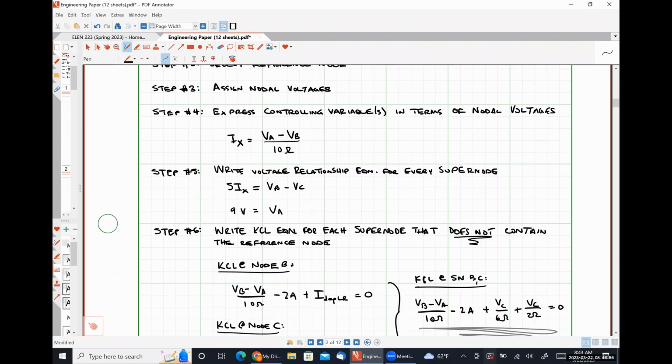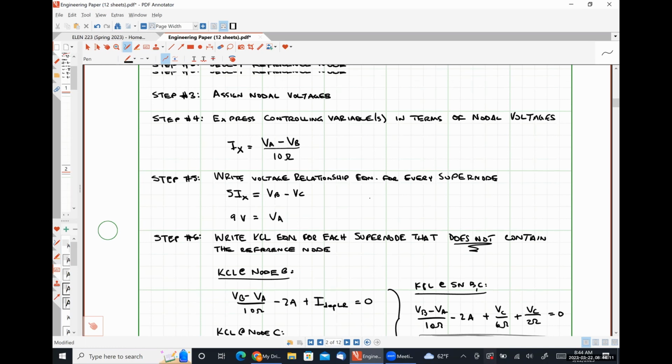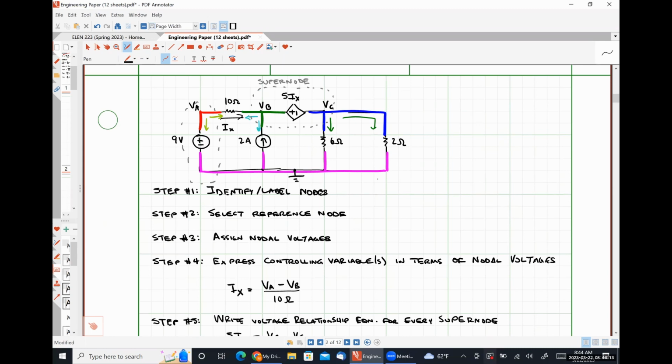All right. Now let's look back at the wording for step number 6 again, right? Write a KCL equation for each supernode that does not, and I put emphasis on the does not, contain the reference node, right? So our supernode for our 9-volt source is between node A and ground.